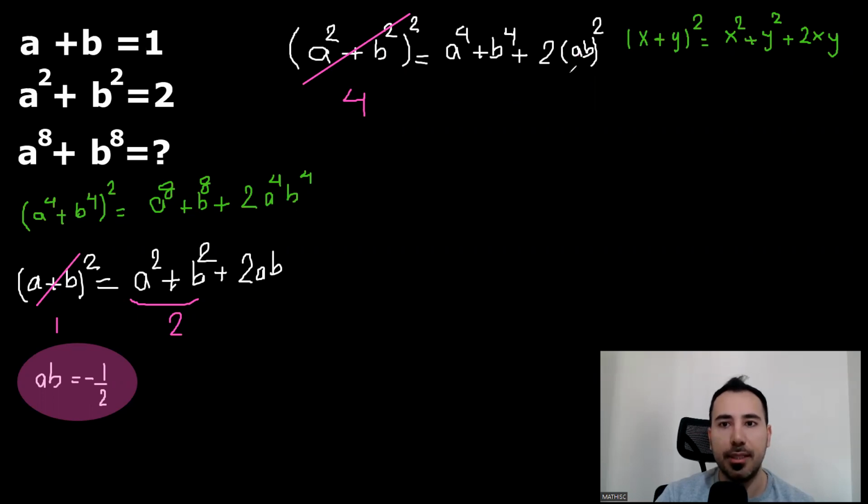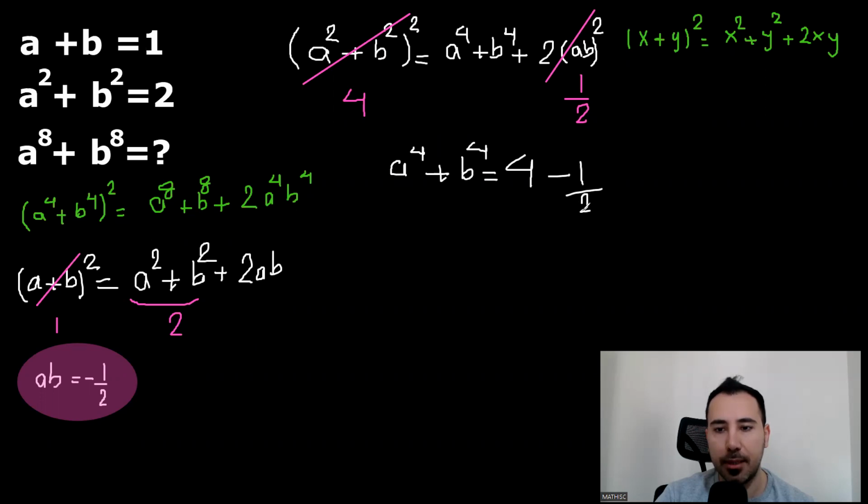So all of this term will be 1/2. So what would be a to the fourth power plus b to the fourth power? I think a lot of you know the answer already. It will be 4 minus 1/2, which I'm going to write as 7/2. So this is the next part that we need.